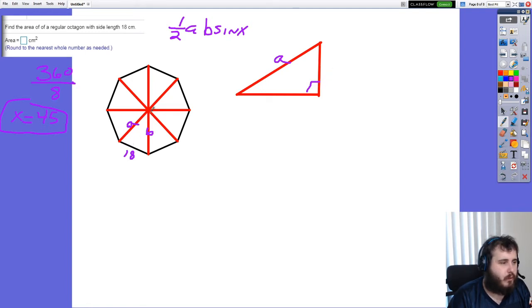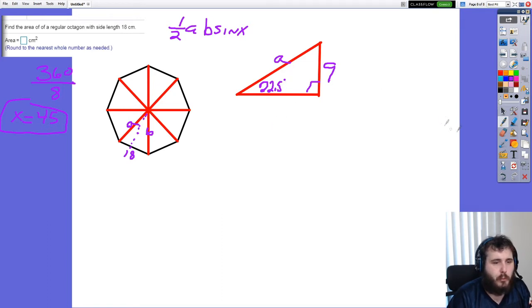We took this and cut it in half. So the whole thing is 18, but this piece right here is 9. So there's 9. And the angle gets cut in half too. So the side gets cut in half, the angle gets cut in half. Half of 45 is 22.5.